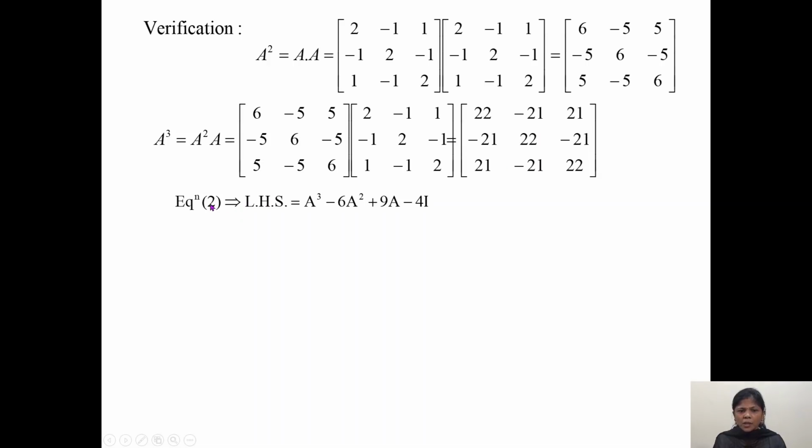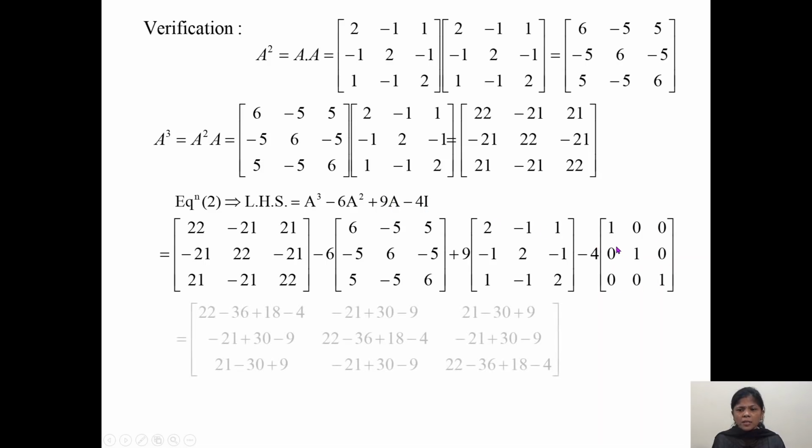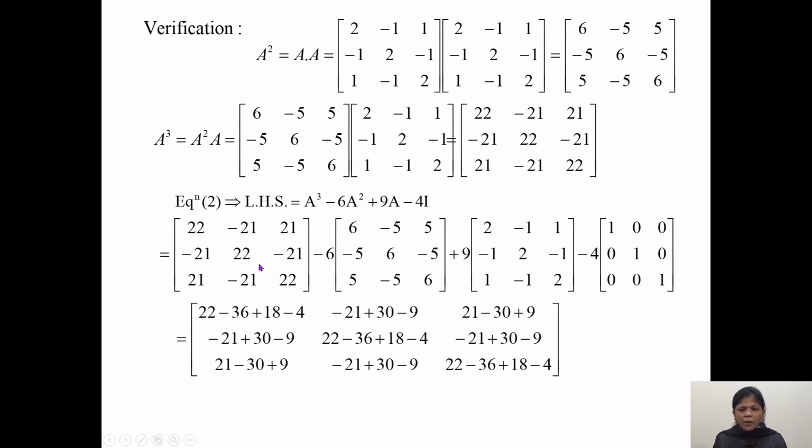Now, in equation 2, the left hand side is A cube minus 6A square plus 9A minus 4I. Substitute all the values, that is A cube, A square, A and I. I is an identity matrix of order equal to that of A. Now simplify this. How to simplify?